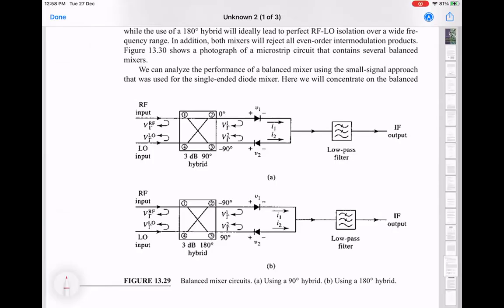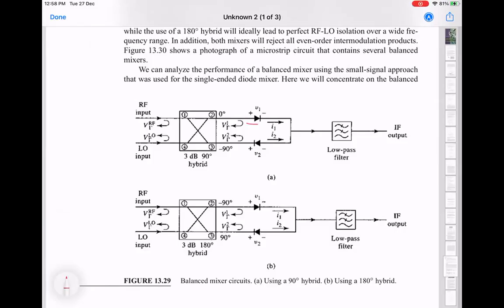And you now use two diodes. This basically gives you some symmetries which cancel some of the higher order terms, right? Because of using two diodes, and because you're using a 90-degree hybrid and 180-degree hybrid, they will cancel out. So you can reject some of these unwanted terms using this kind of an idea.